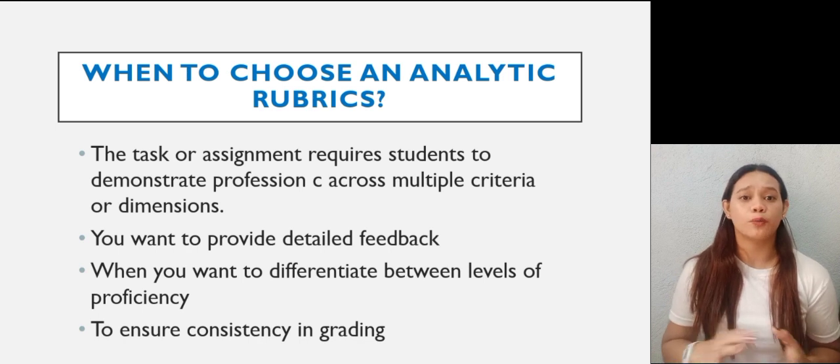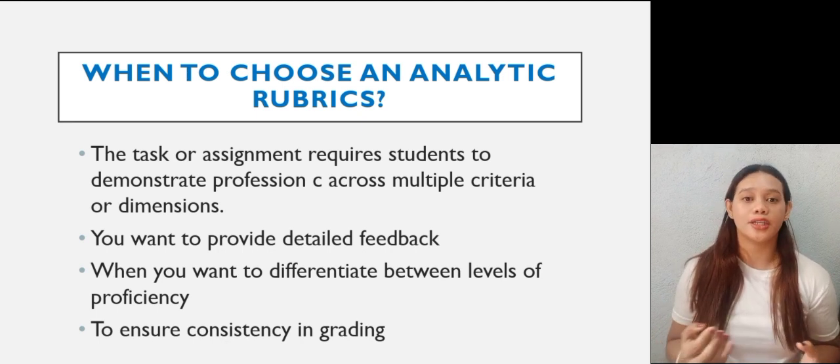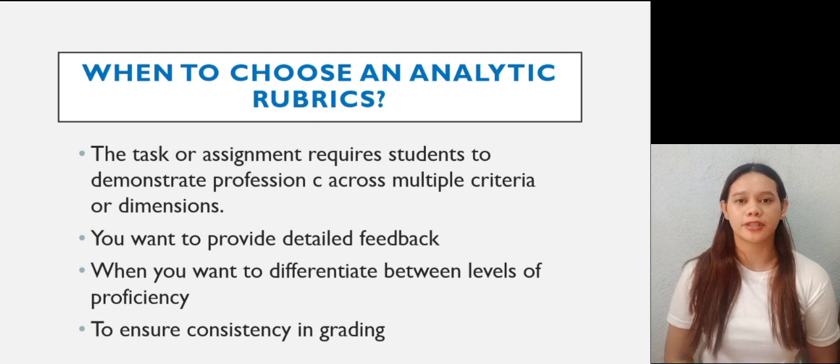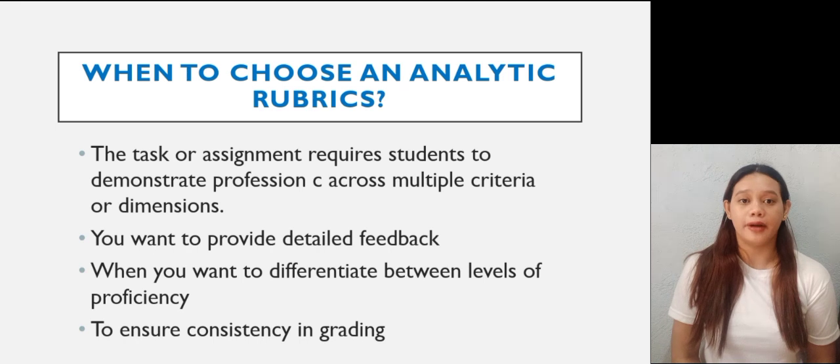Analytic rubrics are well suited for tasks that require students to demonstrate a range of skills or knowledge across several dimensions. So for example, an essay might be evaluated based on its organization, coherence, argumentation, evidence, and grammar.